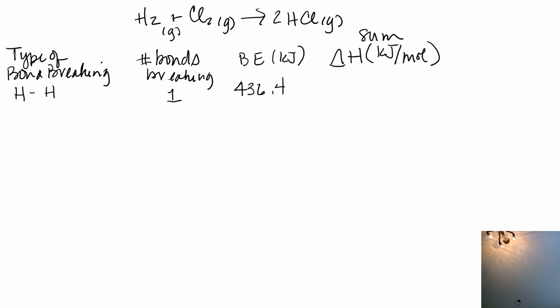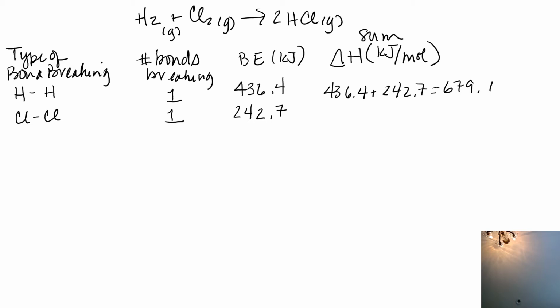We also need to break a Cl-Cl bond, of which, again, there's only 1, and that bond energy is 242.7. And then we're going to sum these. So we have 436.4 plus 242.7 to give us a total bond energy for breaking bonds of 679.1 kilojoules per mole.